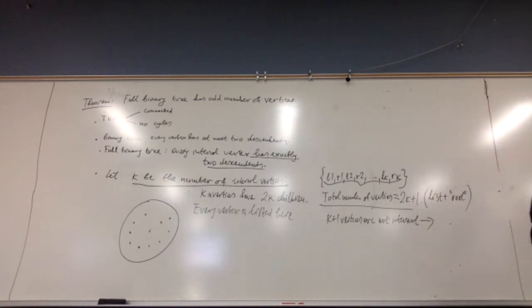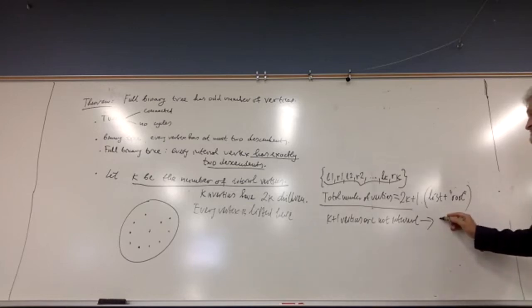What are they then? We call them terminal, or external, because they just stop; they don't have children. So K plus 1 are not internal, so they are terminal. Here it is.